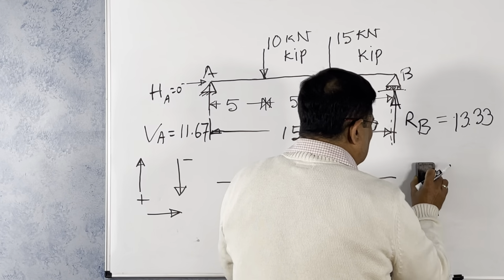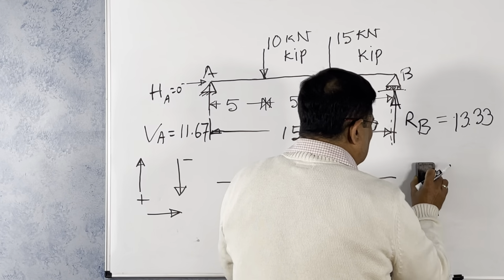Now, what is the moment there? On the left side we have two forces, 10 kip and 11.67. So the moment here will be 11.67, because that will be causing a clockwise moment like this, and this 10 kip is acting like this, an anticlockwise moment.